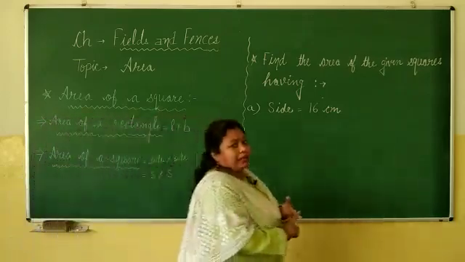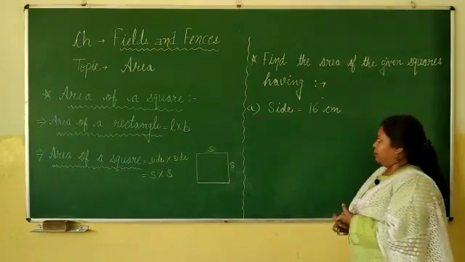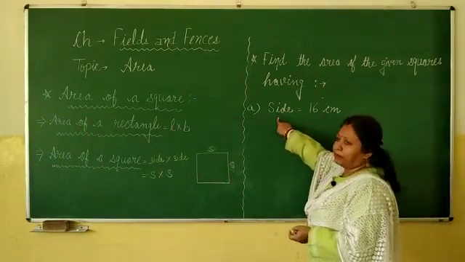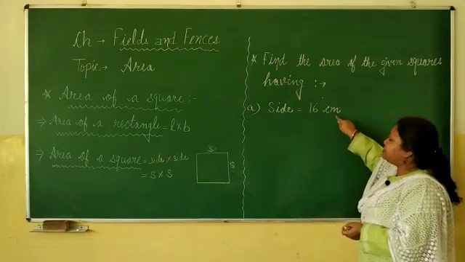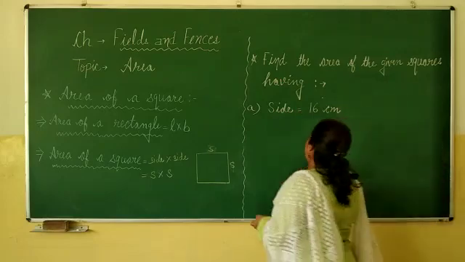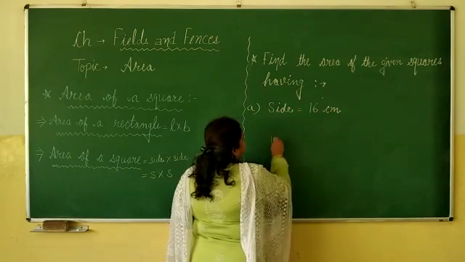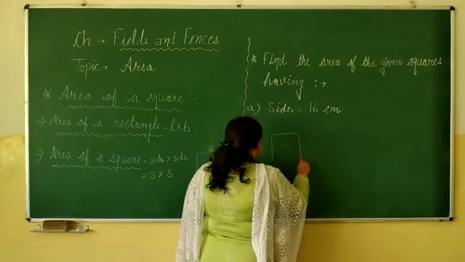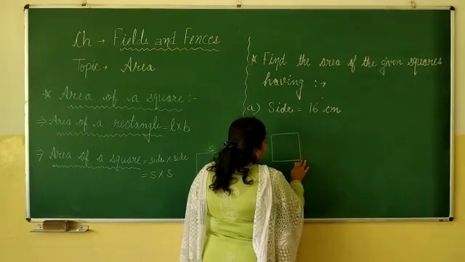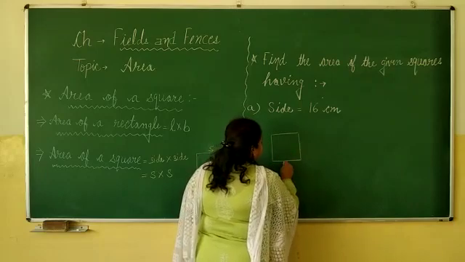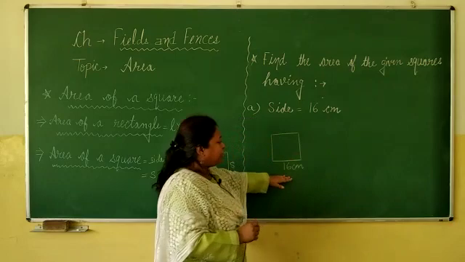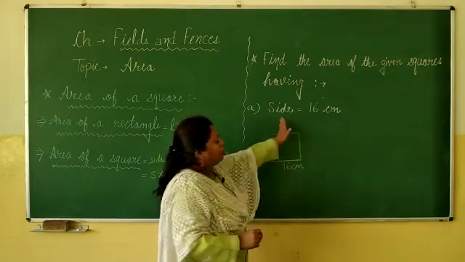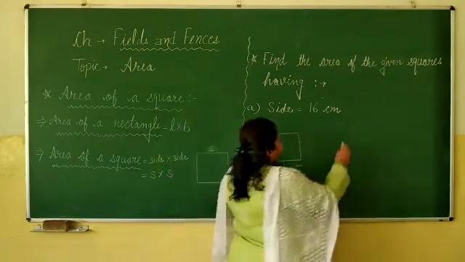Let's see by solving an example. Our first example here is: side of a square is 16 centimeter. So let's draw the square first. The square and its side is 16 centimeter. On any side you can write it because in a square all the sides are equal.